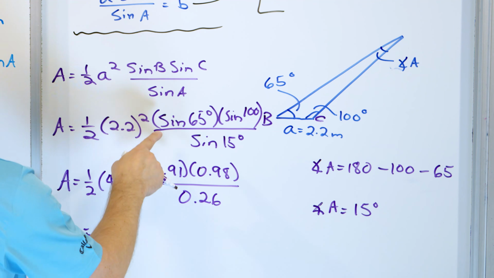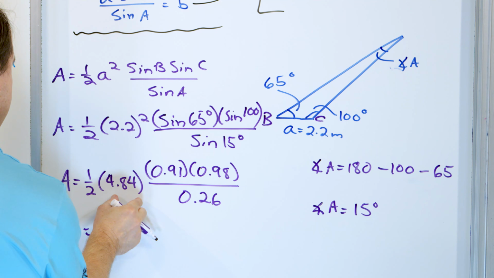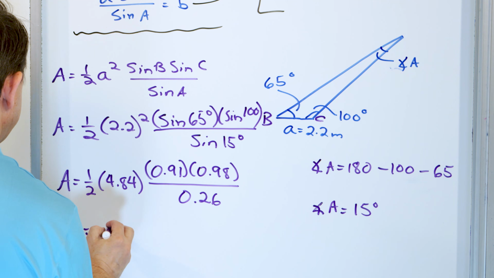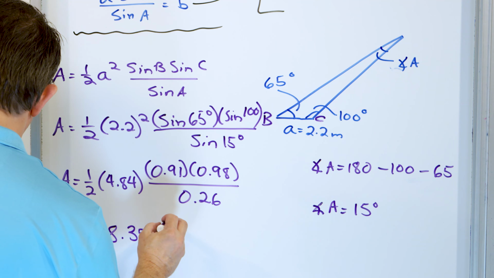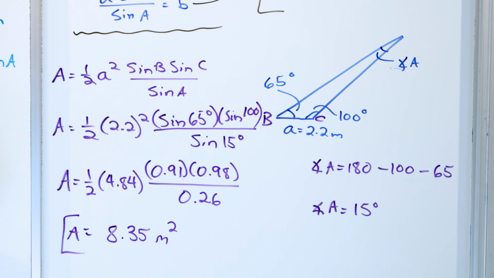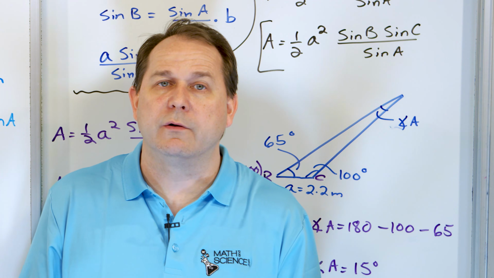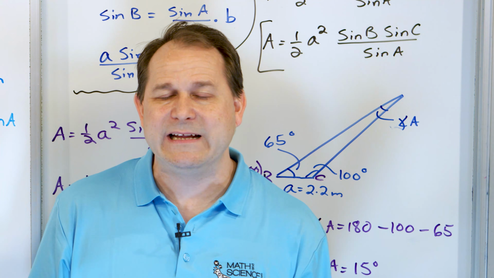So if you take 0.91 times 0.98 and then divide by 0.26, take that result times 4.84 times 0.5, you will get 8.35. And since the units were in meters, this is square meters. So here we applied the formula for a triangle where you have more angles than sides, angle, side, angle. We immediately calculate it.